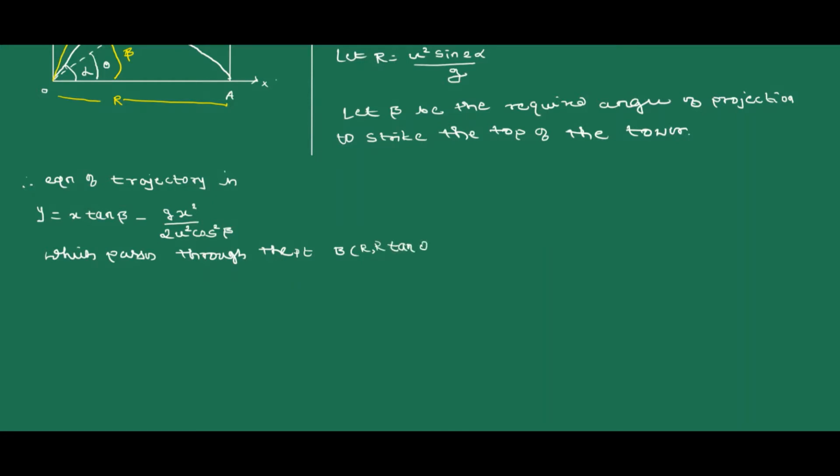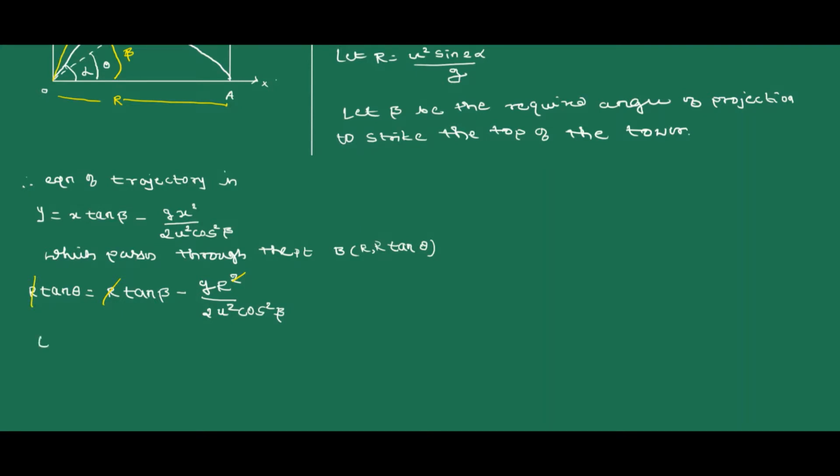So we have to substitute the value for x is equal to R and y is equal to R tan theta. So if you substitute, R tan theta is equal to R into tan beta minus gR square divided by 2u square cos square beta. You can take R common from the right hand side and it gets cancelled with the left hand side R. So throughout R gets cancelled.